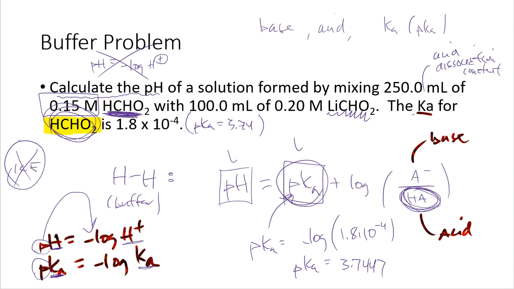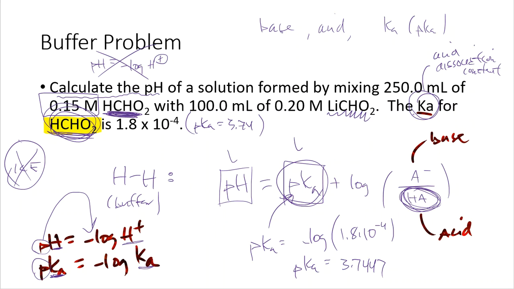That base form is also listed because that's how we make a buffer. We need a very weak acid and a conjugate base to come along with it. So this base is going to be filled in for A-. So here is the base and here is the acid, and now I have identified which is the acid and which is the base. The Ka will tell me what species is acting as an acid because that's why it has a Ka value.